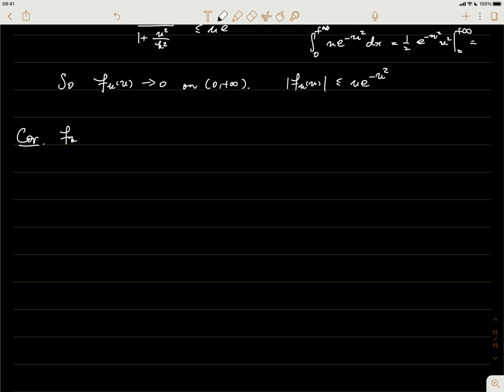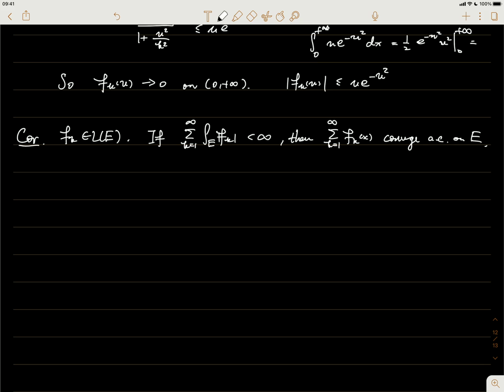Suppose we have f_k that is integrable for each k, and suppose the series of these integrals is bounded, then the sum converges almost everywhere on E.